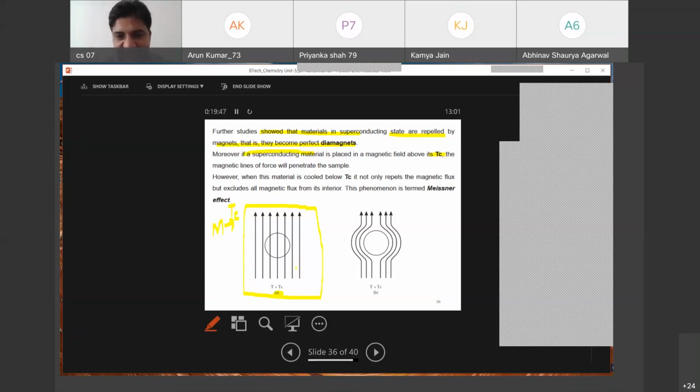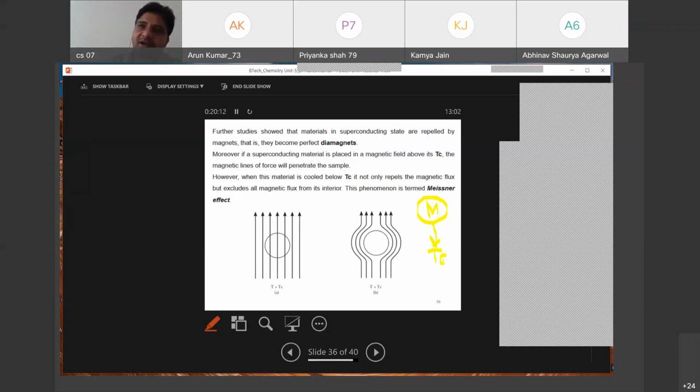Now the second case. Now you have the same superconductor material. I'm using the letter M here for the superconducting material, and you are keeping this material below its critical temperature.